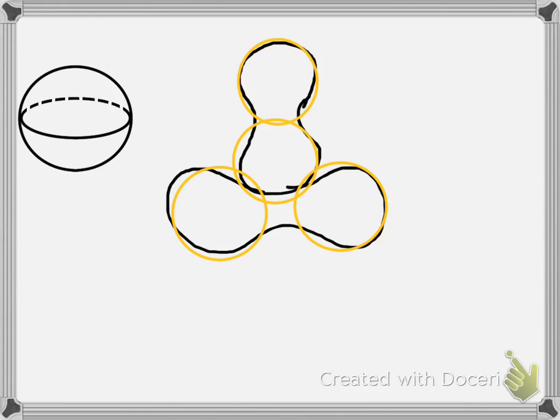So the net of a sphere is actually just made up of 4 circles. Now they're not straight circles, they get smushed a little bit into each other, but that's what they're made of.